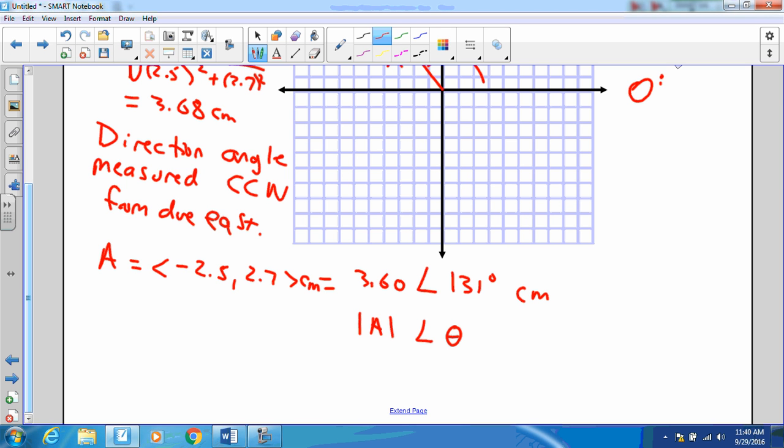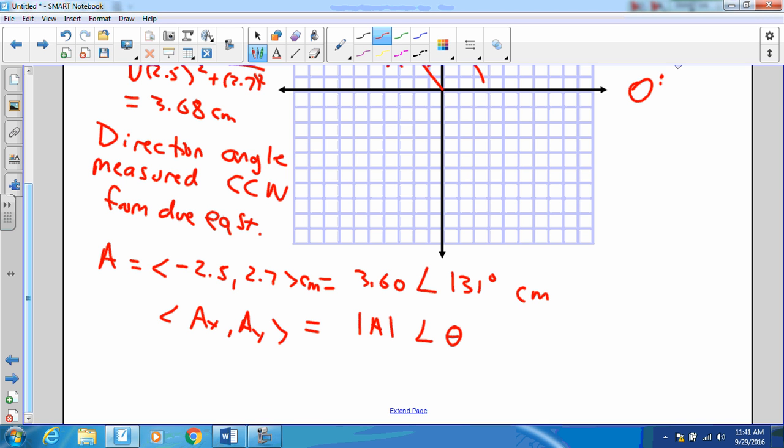Okay. Notice that we have something really interesting. We have two different ways to represent the same motion. I can tell you how far over and how far up, and that's rectangular form. And that is equivalent to telling you how far out at what angle.